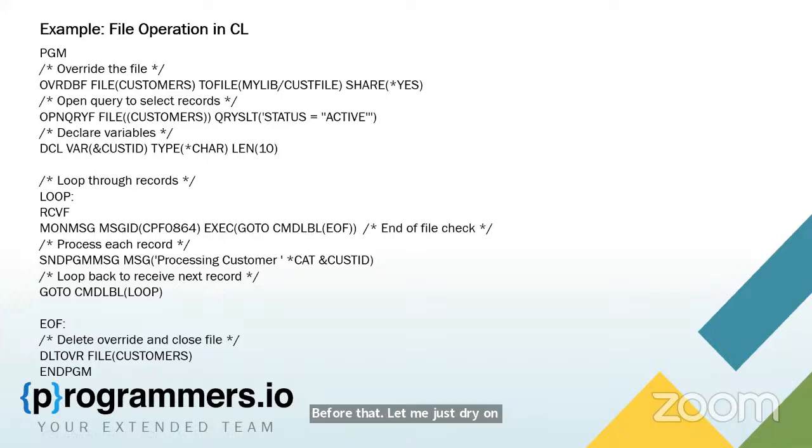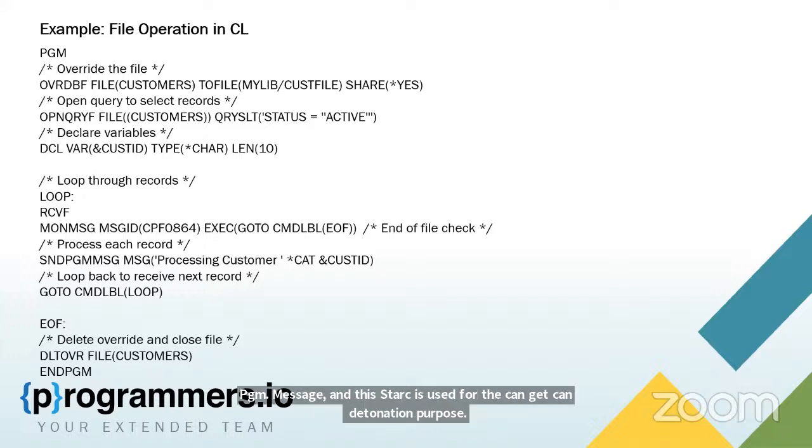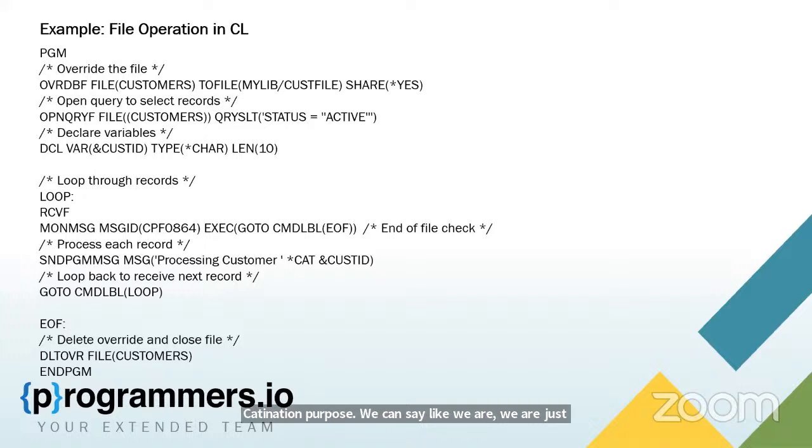It is creating this variable, ampersand customer ID, and we are performing loop operations using RCVF. This RCVF is responsible for retrieving the records line by line, and whatever records we have, it will show on the user screen using SNDPGMMSG, and this star cat is used for concatenation, where we merge the actual string with the variable value.